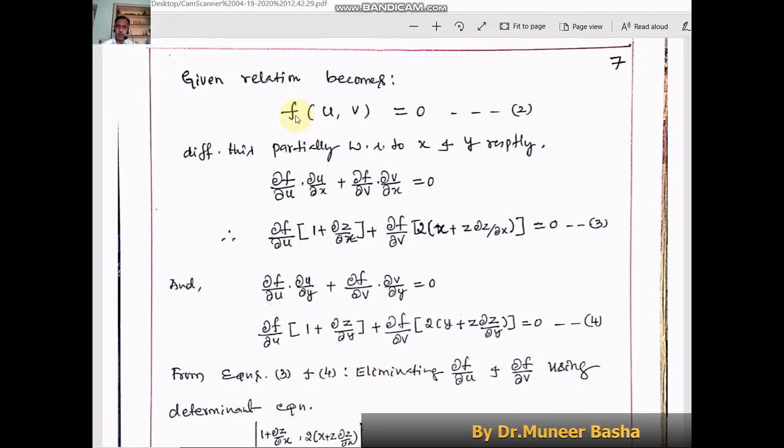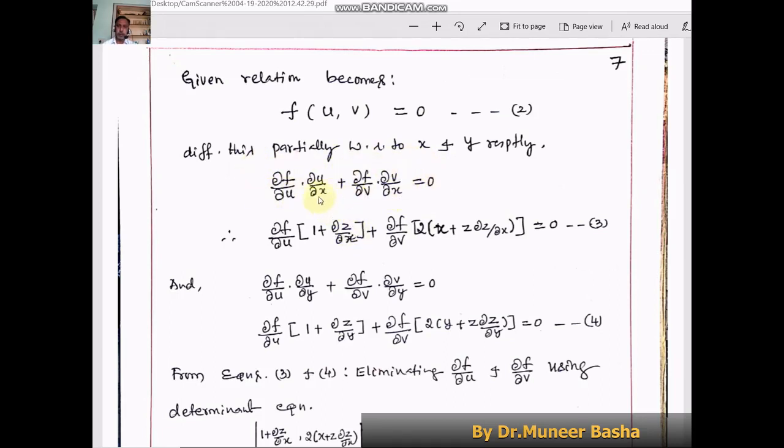Therefore, we have to differentiate f with respect to u first and then x. That is ∂f/∂u into ∂u/∂x plus f derivative with respect to v into v derivative with respect to x, that is ∂v/∂x, is equal to 0. This is called the chain rule of differentiation. We have applied here the chain rule of differentiation in partial derivatives.